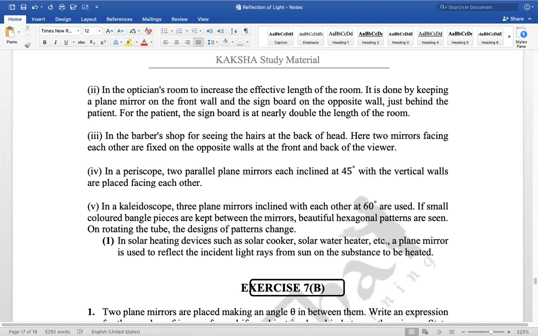If small colored bangle pieces are kept between the mirrors, beautiful hexagonal patterns are seen. On rotating the tube, the designs of the patterns change.